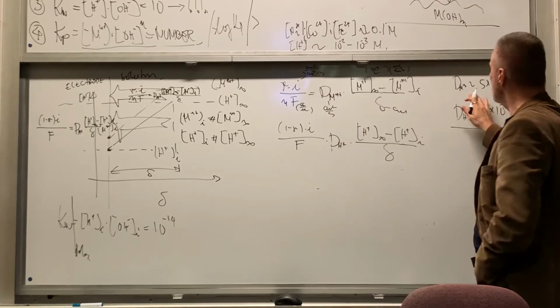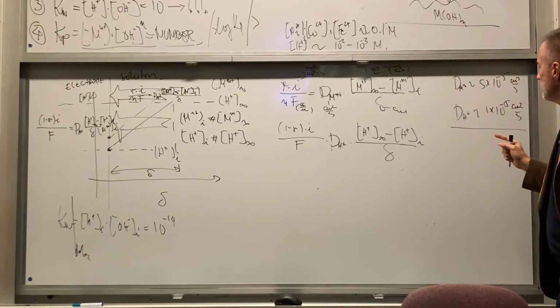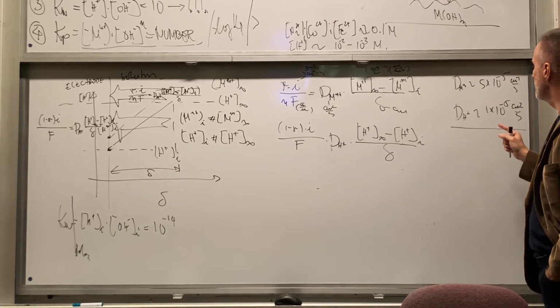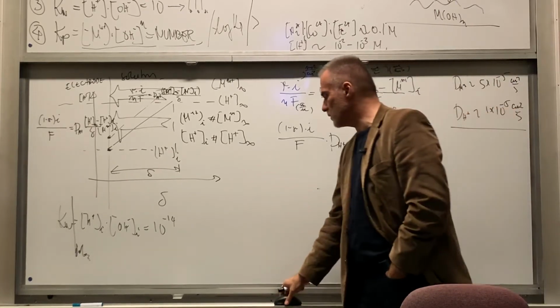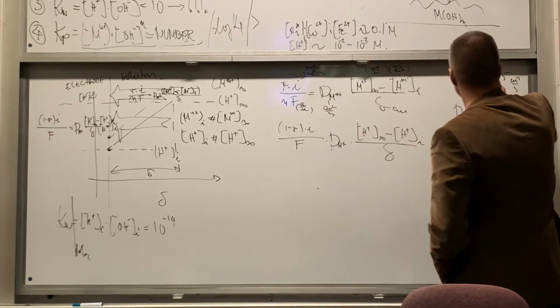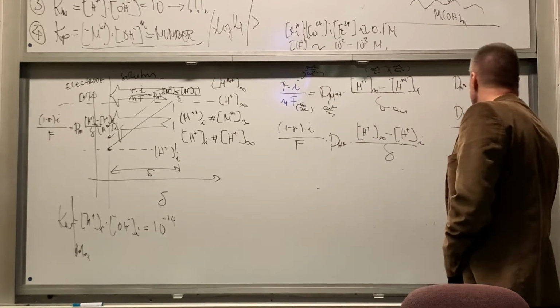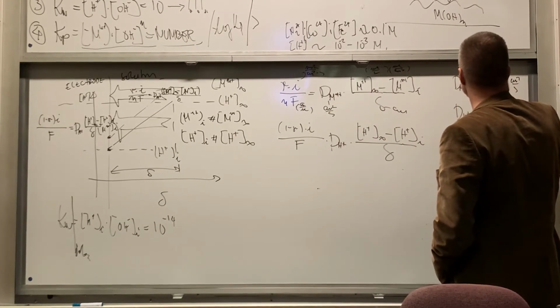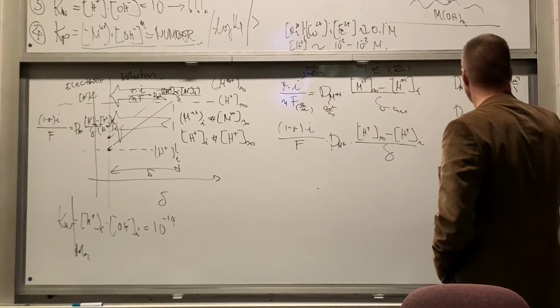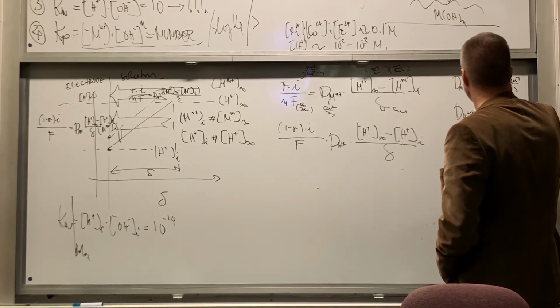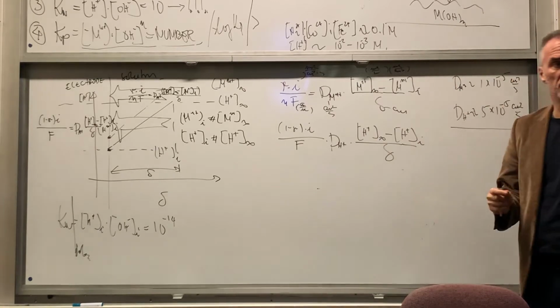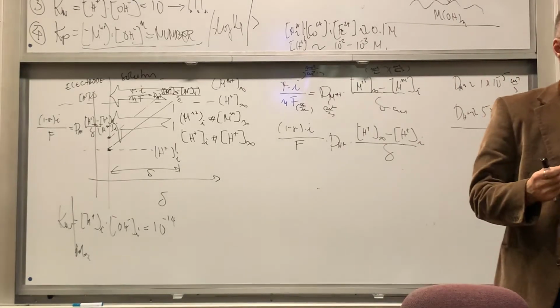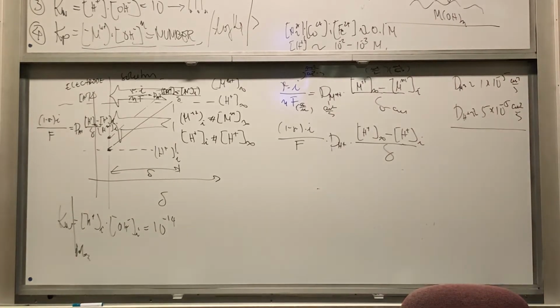So you can see that metal ions are... actually, I inverted this. It should be like this. It's 1 times 10 to the minus 5 for metal ions, and 5 times 10 to the minus 5 for hydrogen. So you can see that hydrogen ions are faster diffusers than metal ions because they're smaller. That's all what it is.